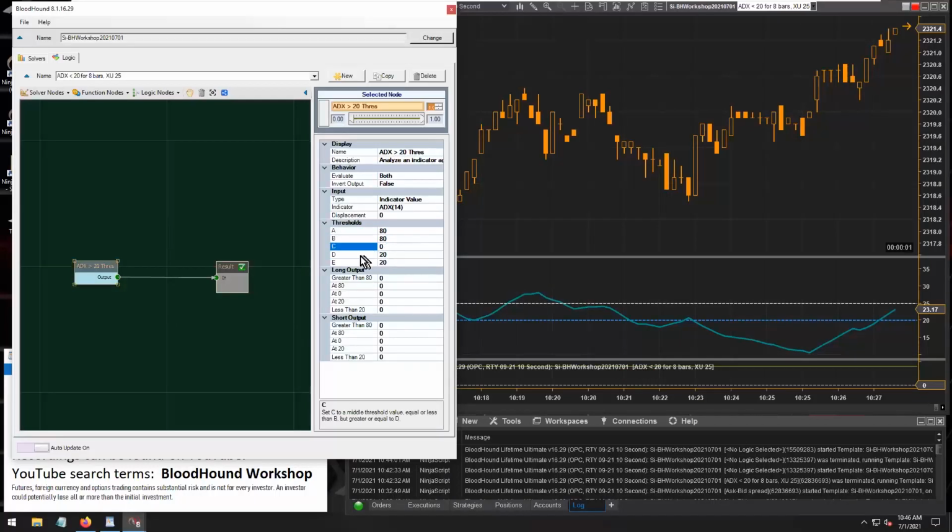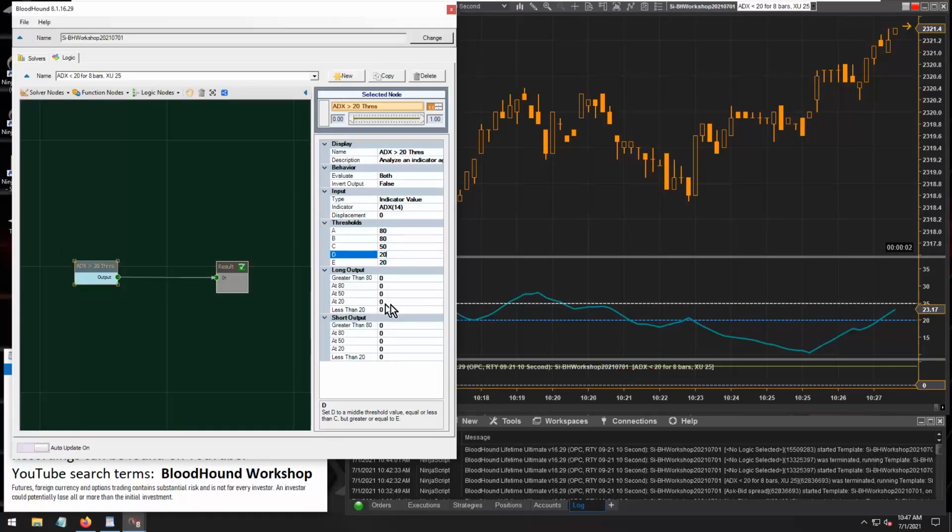And currently with the threshold solver, threshold C needs to be a value in the middle, right? So right now 0 is less than 20, so that will not work. We need a number between 80 and 20, so all the values are in descending order. So I'm just going to put 50 in there, right in the middle.